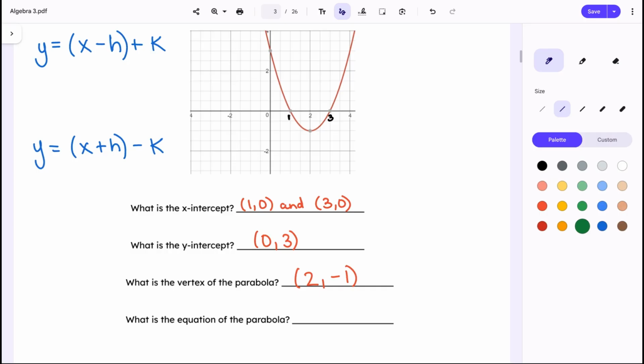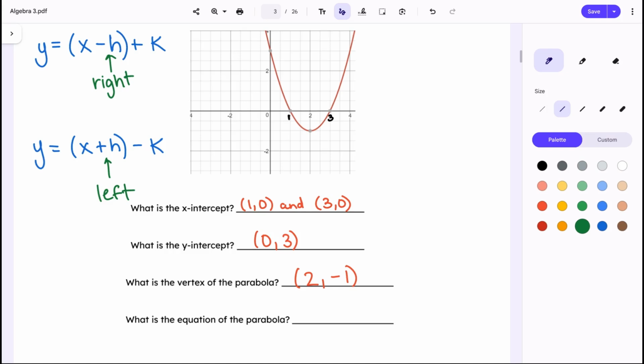But when it's inside parentheses like that, it's going to flip it, and it's actually going to make it go the other direction. So when I see a minus sign, I think negative, but I have to reverse it, and it's actually going to make it go to the right. So if you see a minus in front of that h, it's going to shift your graph to the right. If you see a plus, it's going to shift it to the left.